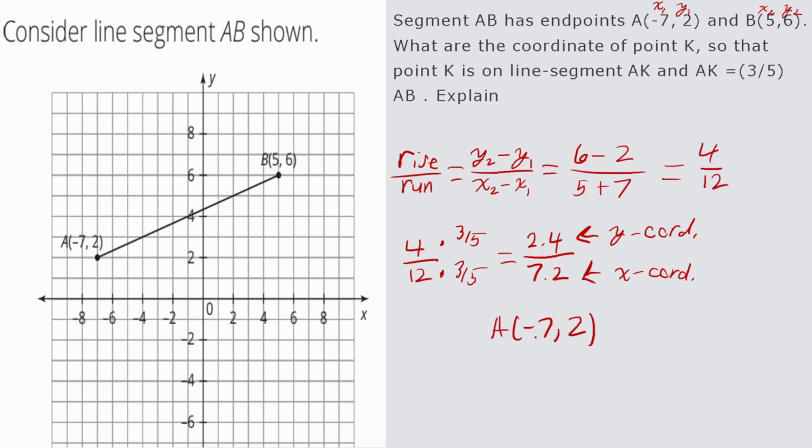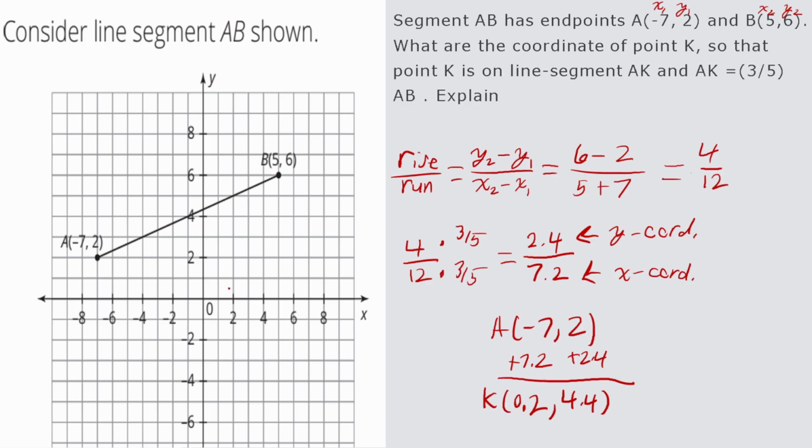So for my x coordinate, which is your first number in this coordinate, we add 7.2. So I'm going to do plus 7.2. And then for my y, we'll do plus 2.4. And when we add these, we get negative 7 plus 7.2, which is going to leave me with K at 0.2, comma 2 plus 2.4 is 4.4.